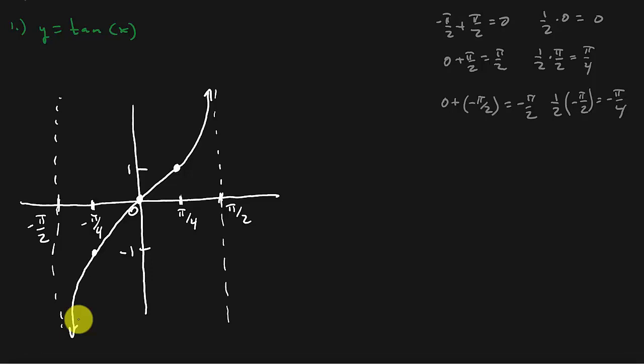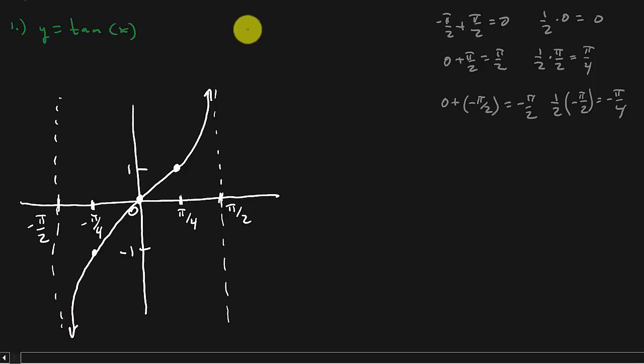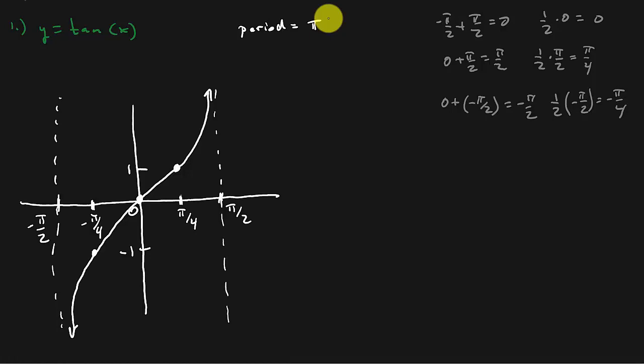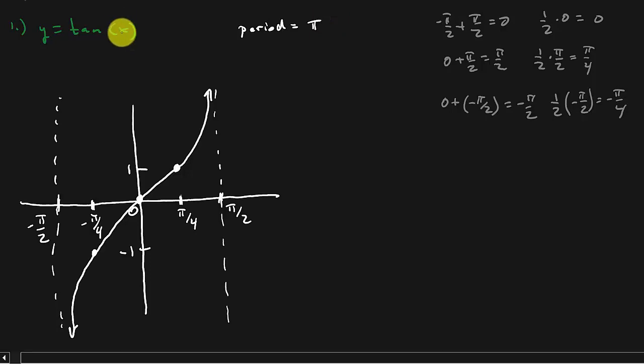Now, what's the period of the tangent function? Well, the period for tangent is pi. Now, let's suppose that we didn't have just tangent x. There was a number in front of the x maybe.